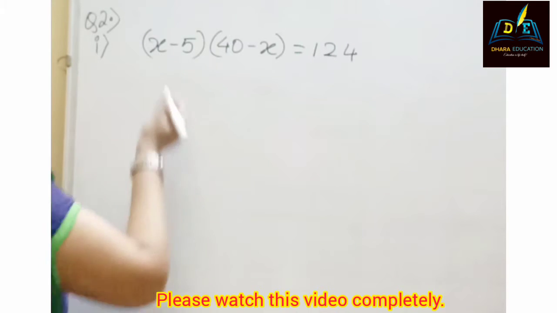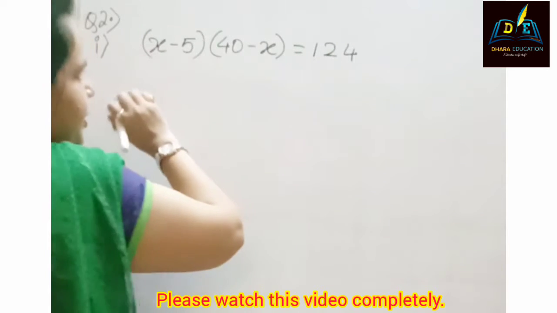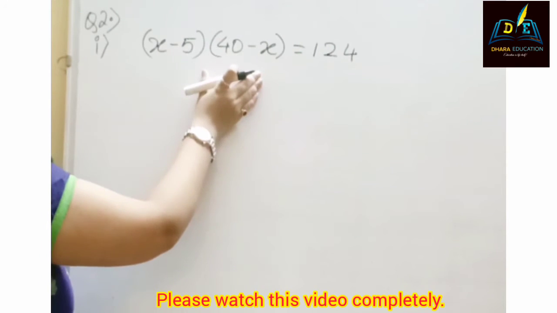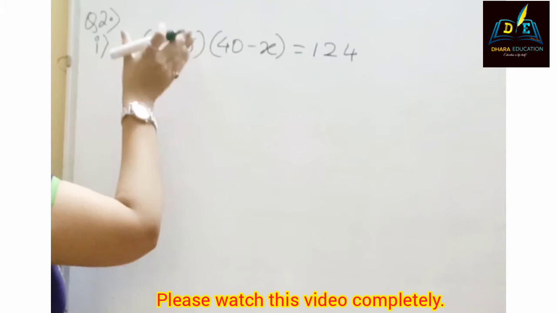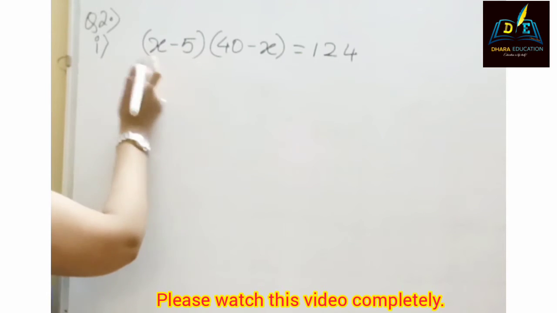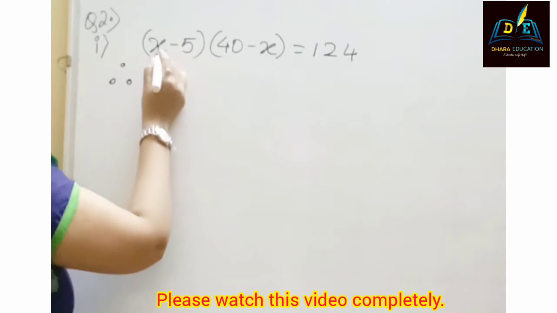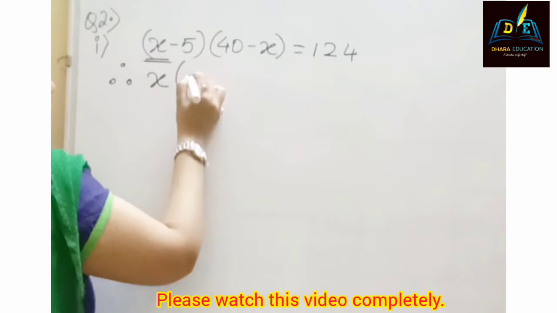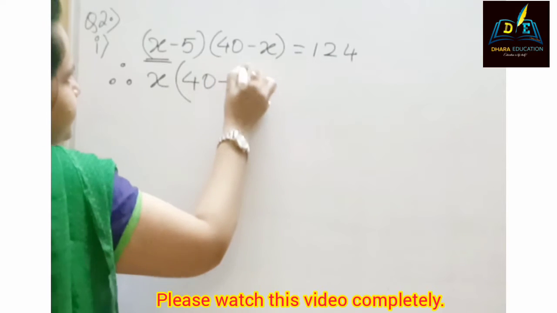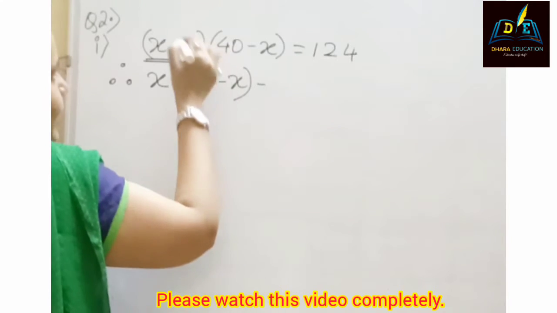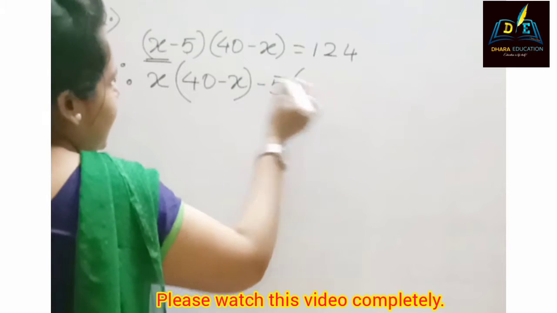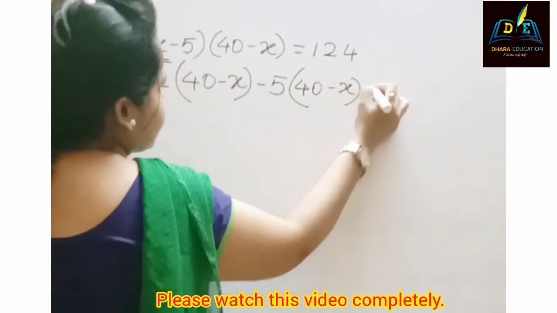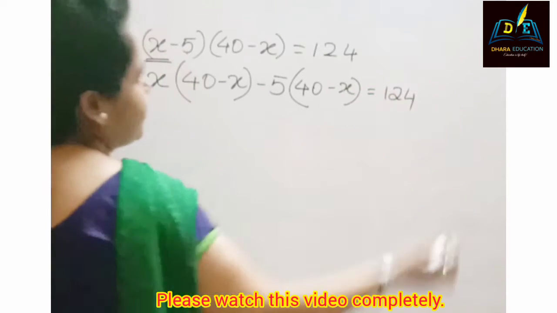So now students, how will we make it multiplication? We have to break at least one of the brackets. So I prefer the first bracket to be broken up. Now x, I have taken x from here, the entire term I will write. Minus I will put, and then 5 will be multiplied with this term, 24. Okay.